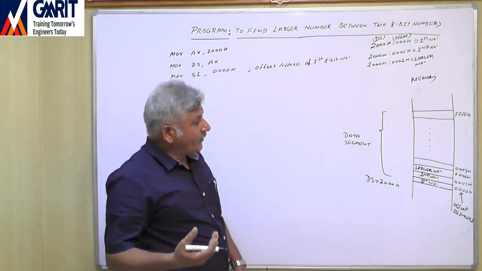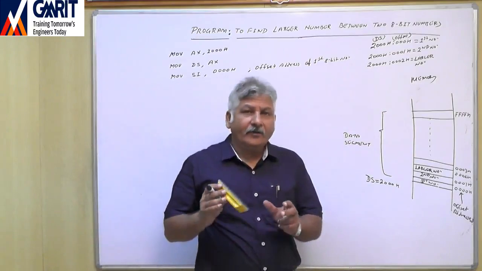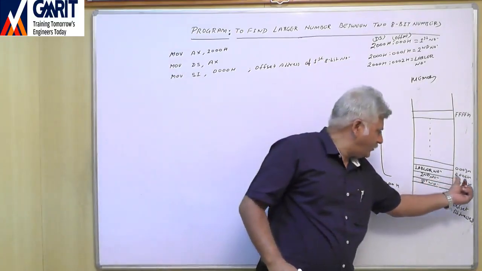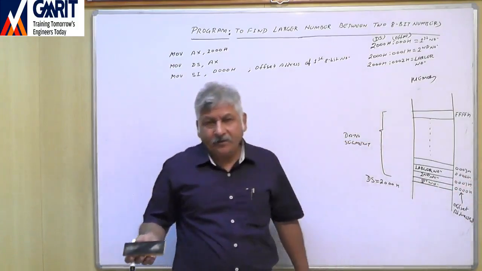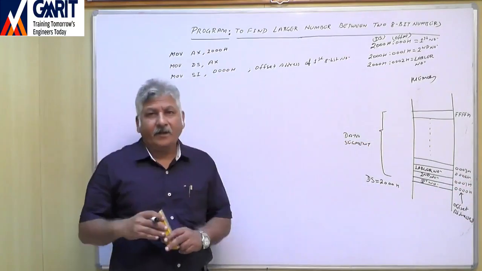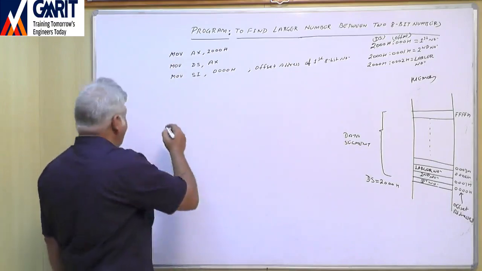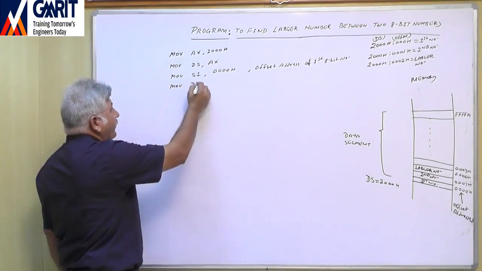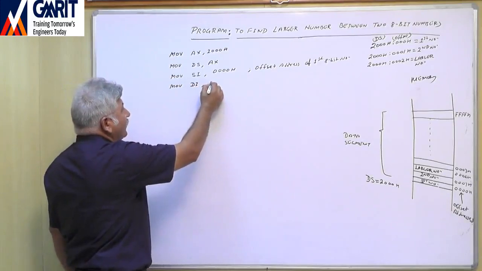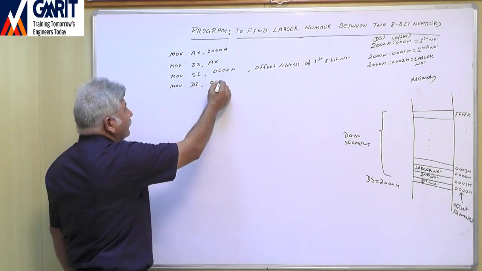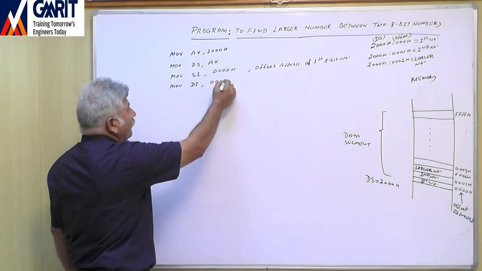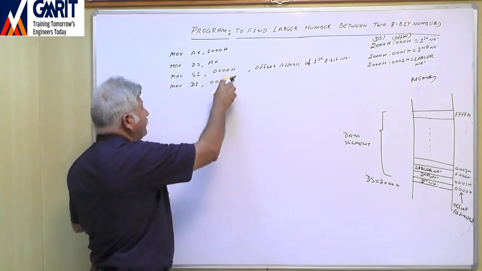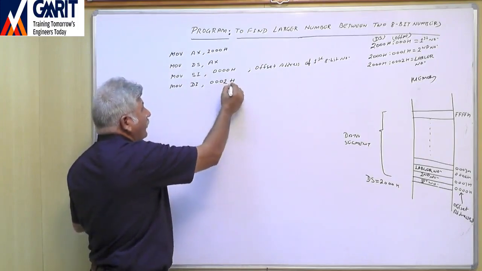Now the offset address where I will store our result, that is 0002, I will store in another register, and I will take the register DI, the destination index register. So MOV DI, 0002H, right?